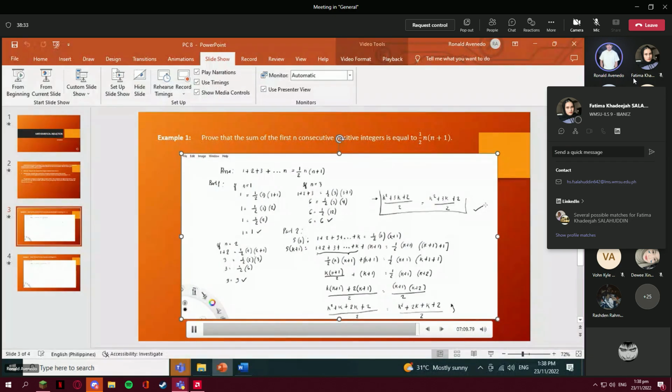Since the left and the right side of the equation are equal, both equal to k squared plus 3k plus 2 over 2, then our statement is true or correct. Dapat balance. Sige, screenshot. Then I'll give you 1 minute. Tingnan ang solution. Screenshot because I'll be asking questions later.